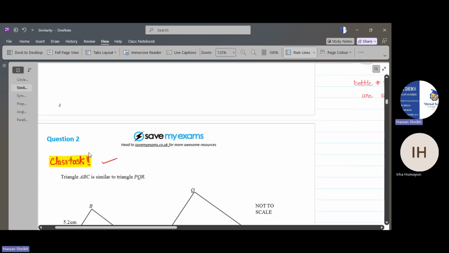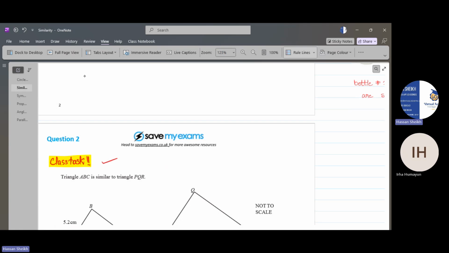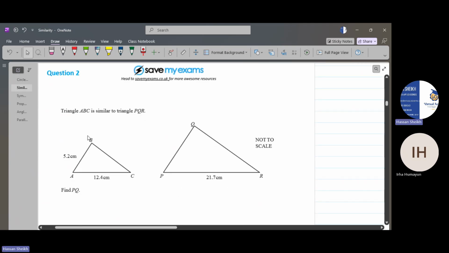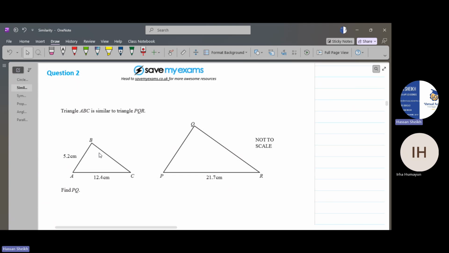Let's start with question number two first. So, in question number two, triangle ABC is similar to triangle PQR.